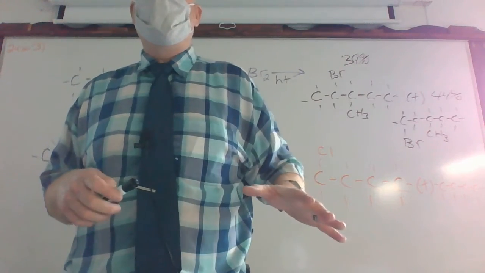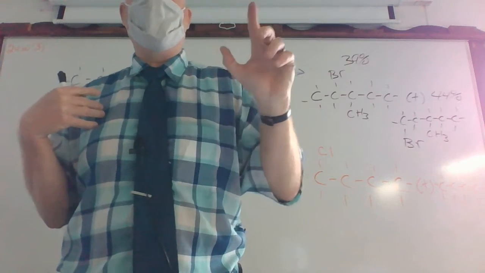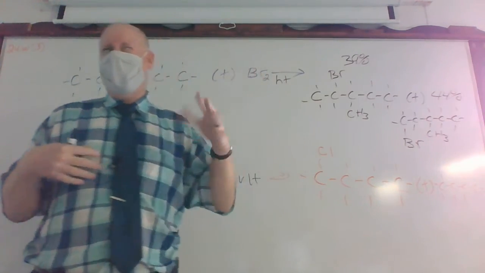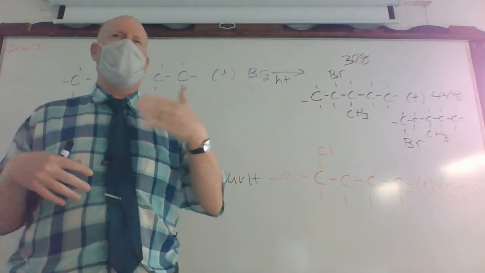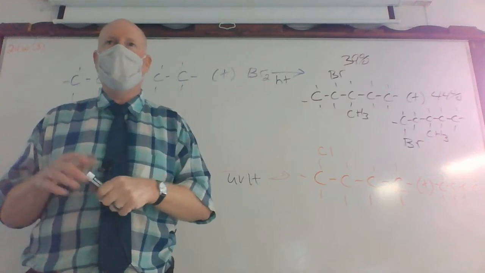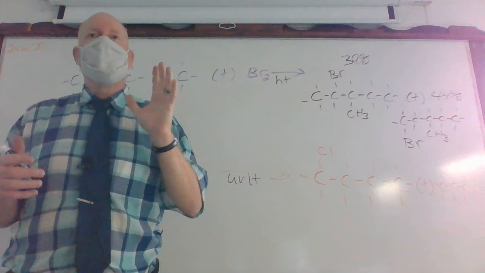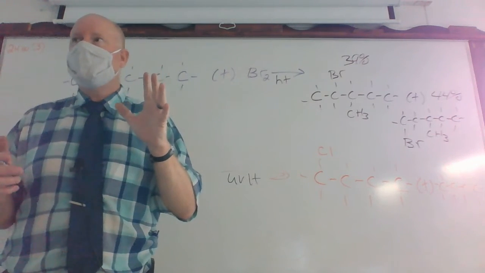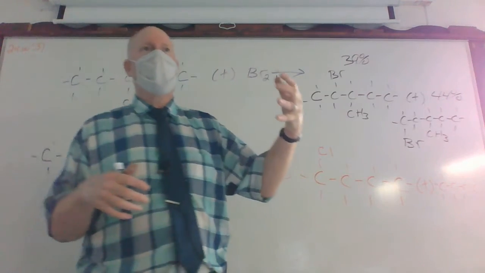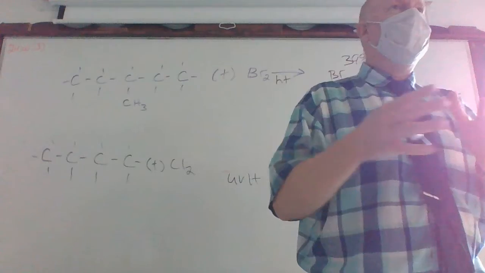Anywho, the only thing that I would be concerned about is the isomers, and not so much the organic families, because I think you've survived that. Just the isomers is what I would be concerned about. And keep in mind, the smaller the alkane you have to draw, the fewer isomers there are.